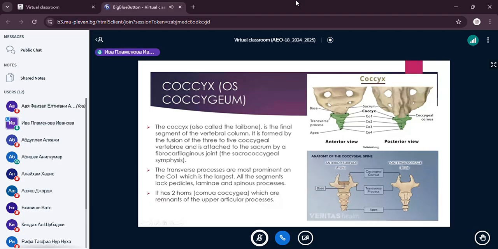They are called coccygeal cornu. This is from the posterior. This is from the anterior. That's it for the spine. Do you want again? We have enough time.